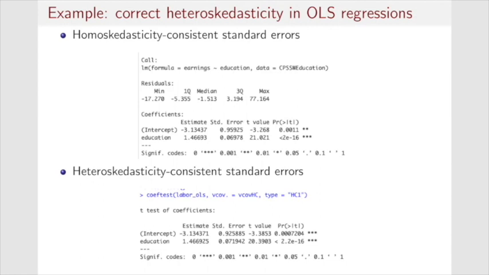As we showed for the binary dependent variables, it is quite easy to correct heteroscedasticity in OLS regressions in R. First, we run the standard OLS regression to get the homoscedasticity consistent standard errors. Then in the second step, we use the function coeftest for the OLS regression.